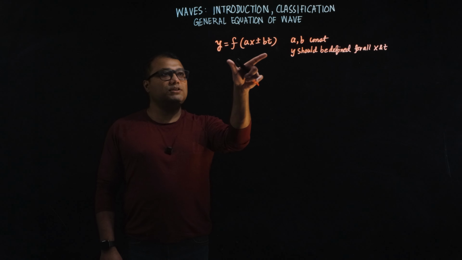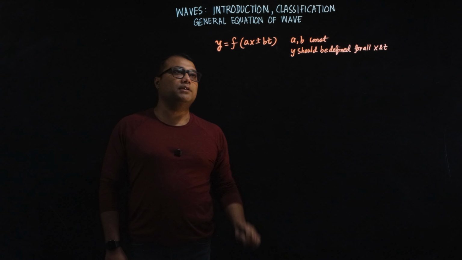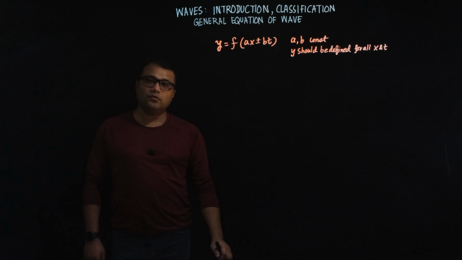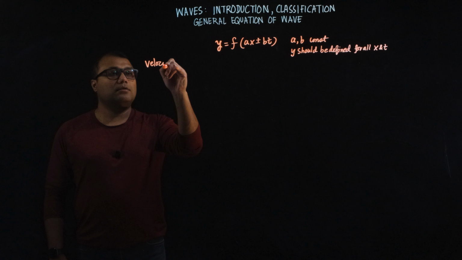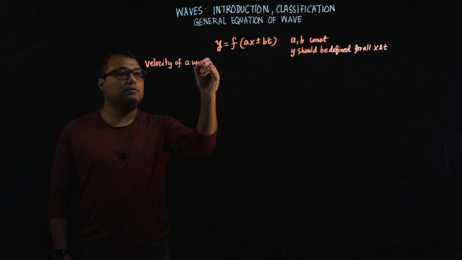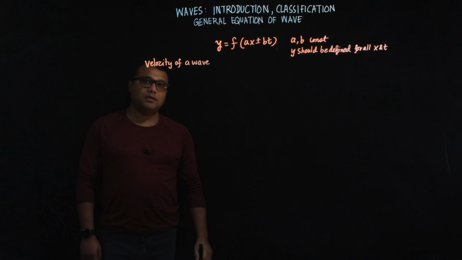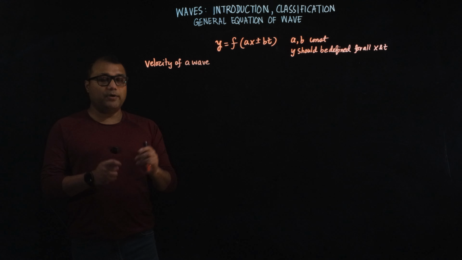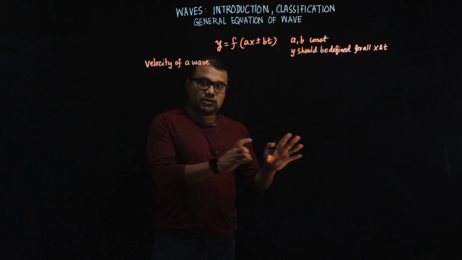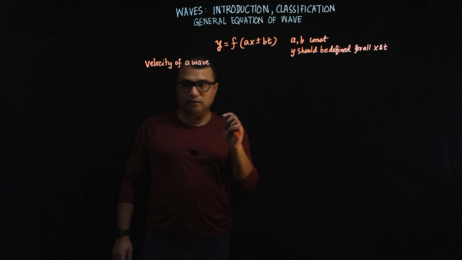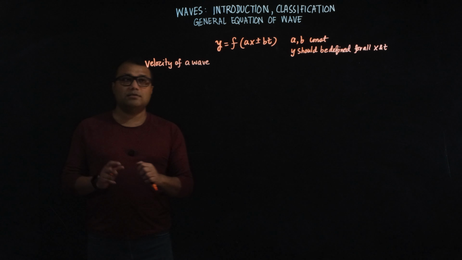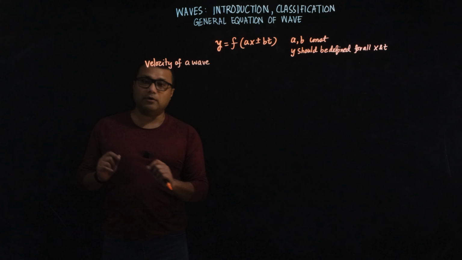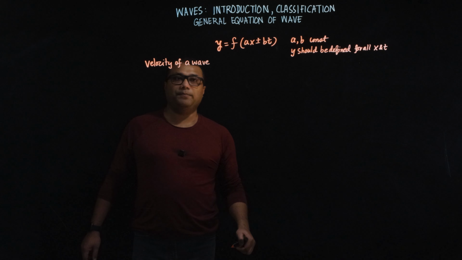Now, just from this expression, can we also find out the velocity of a wave? Yes. The velocity of the wave, or the velocity of the disturbance moving, is not the velocity of the particle oscillating. This is the velocity of the disturbance moving, or the velocity of the energy moving.